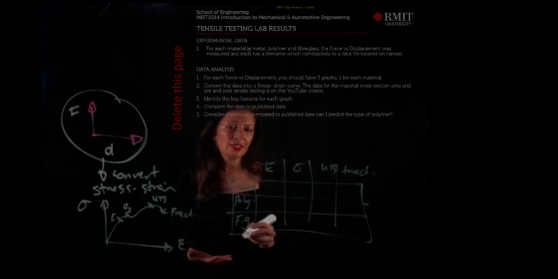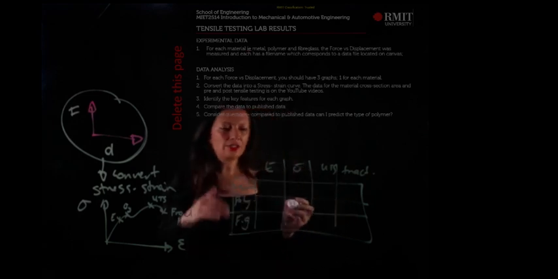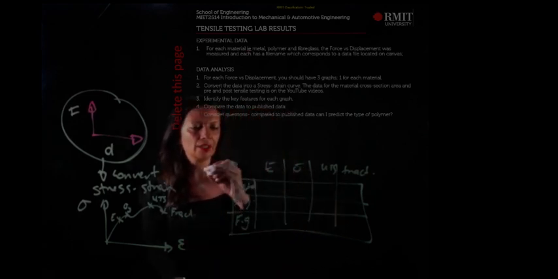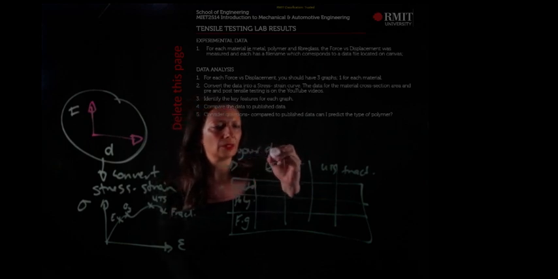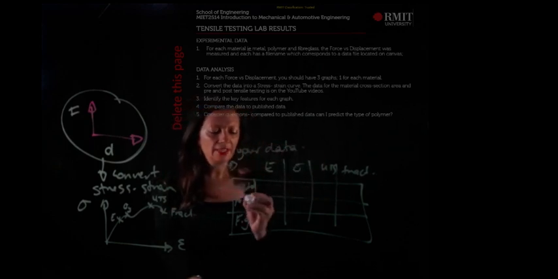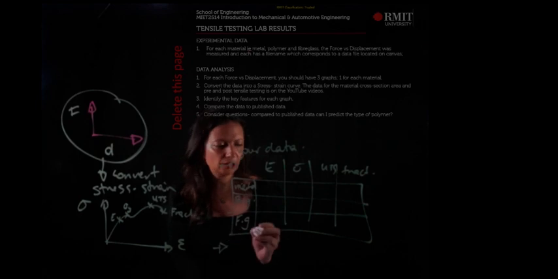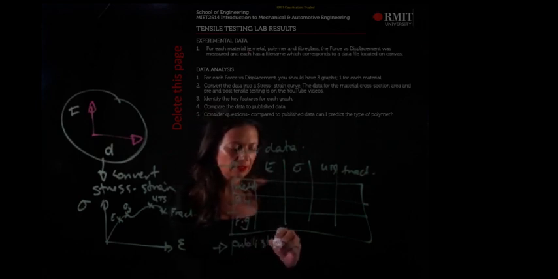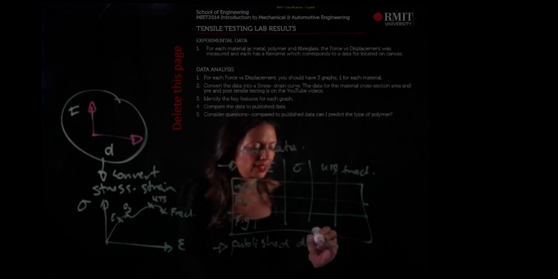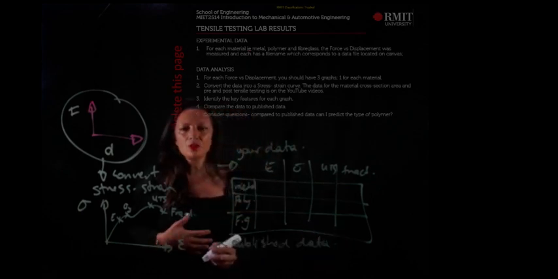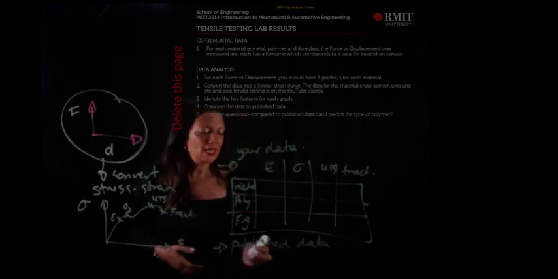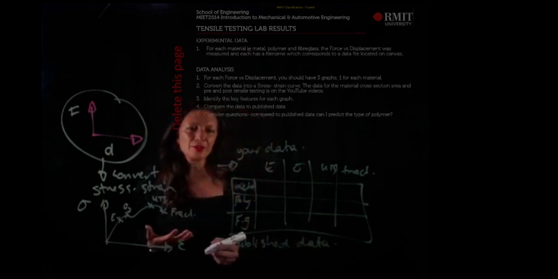And then what you can do is the same. So this is your data, and then you can have a column for published data. So that's data from a textbook or from a journal paper, and you can just do a comparison between the two.